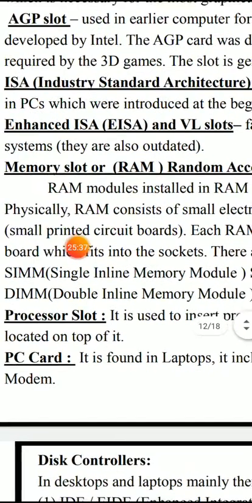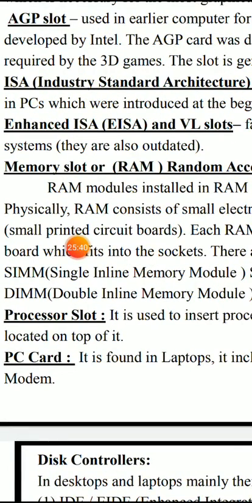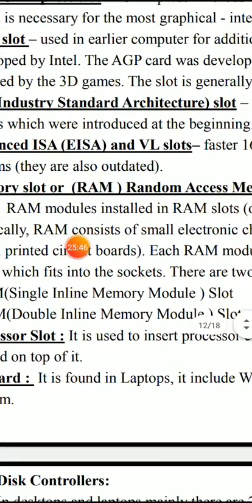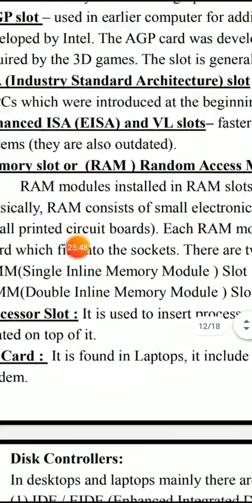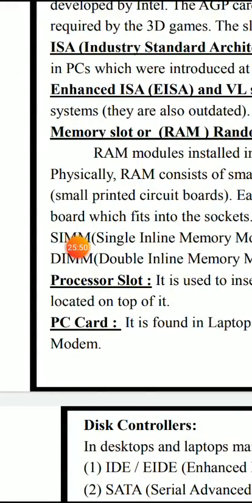So RAM slots are provided on the motherboard of a computer system where you can install or connect RAM chips. RAM chips of various sizes are available in the market. You can purchase them and connect them over the memory slot.